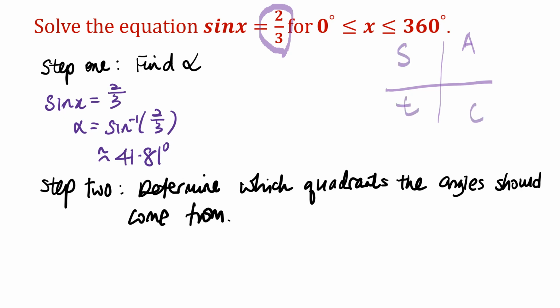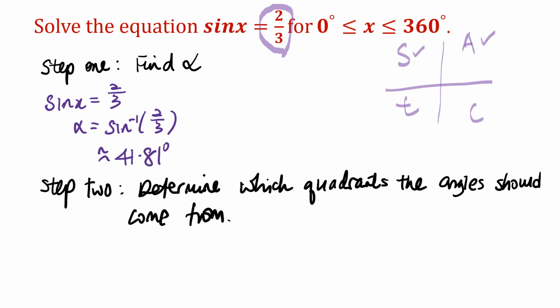For the sine ratio to be positive, it will come from the first quadrant, A, meaning all the trigo ratios will be positive, and from the second quadrant, S, meaning the sine will be positive. So your answer for x will have to come from the first and the second.